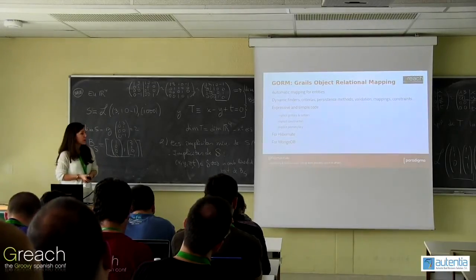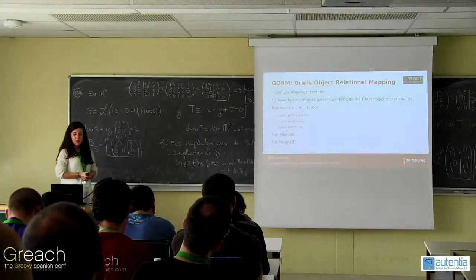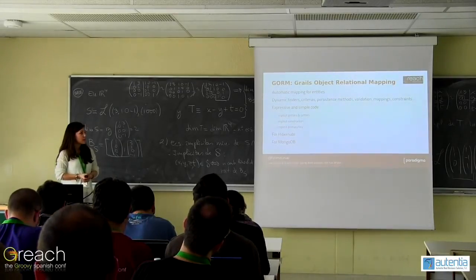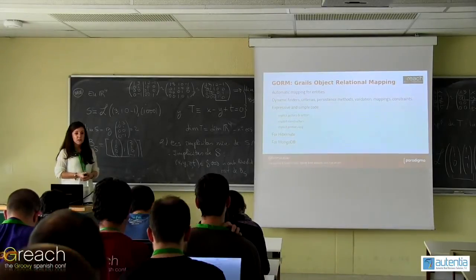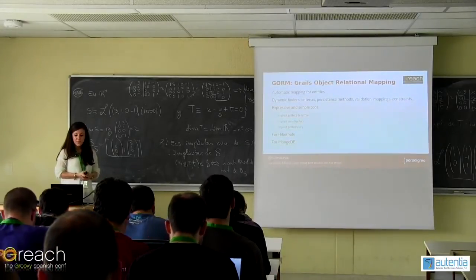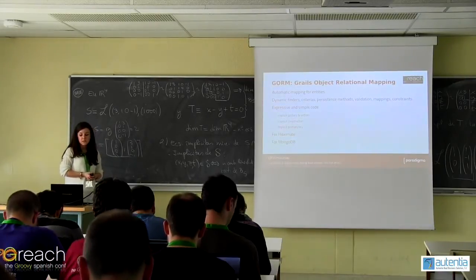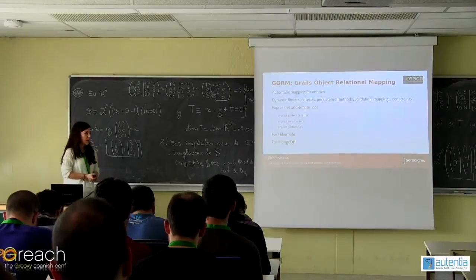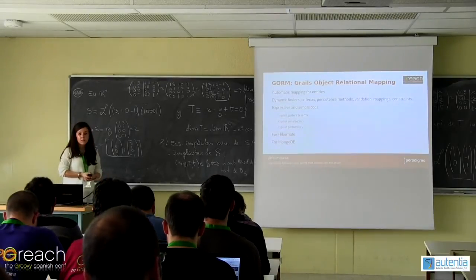With GORM, we can map the entities automatically, and we have dynamic finders and criteria, persistent methods, validations, and more. And we don't need to implement methods such as getters and setters, constructors, or specify the primary key. So with these features, our code is even simpler.